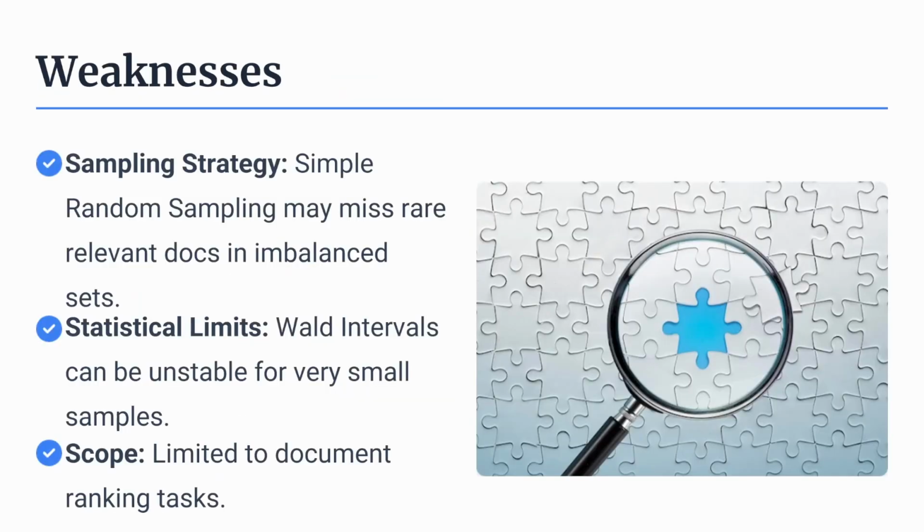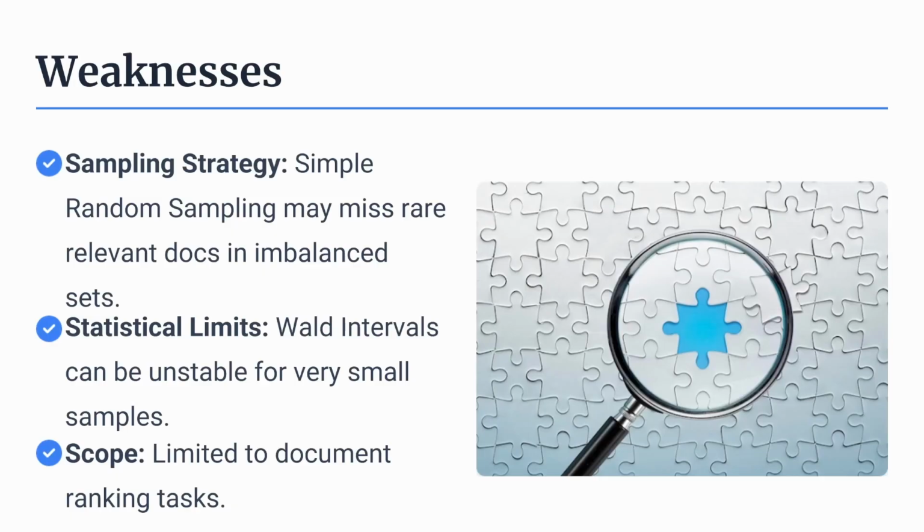The weakness of this paper is that it relies on simple random sampling, SRS. In highly imbalanced datasets, SRS might fail to capture any positive examples, causing the estimation to fail. Additionally, the Wald interval can be unstable when the sample size is very small, like smaller than 13.